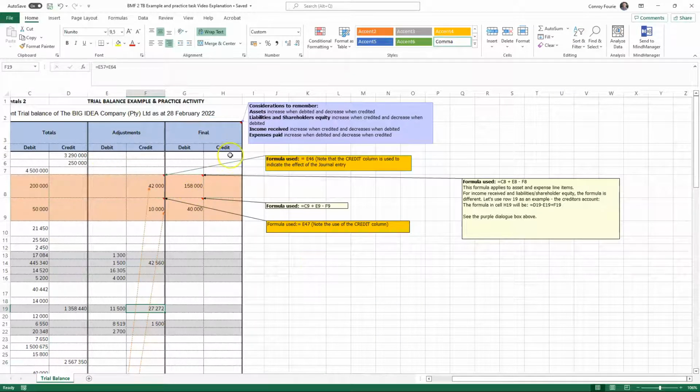So if we do that, the credit numbers over there will be equal to that one minus that one plus that one, and enter, and you can see it's brought that value forward to adjust it, because there are no adjustments here, it's the same value.